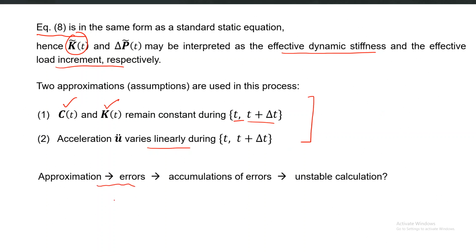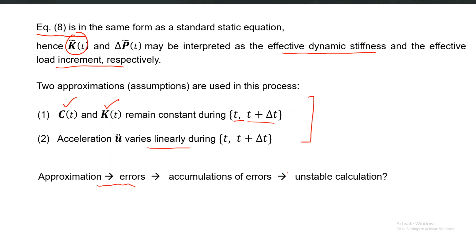And since we have to perform these calculations maybe hundreds or thousands of times to calculate the complete u vector for all the time increments, these errors can accumulate with the repeated calculations. If they accumulate enough, they can sometimes result in an unstable solution, and sometimes the solution can just drift away from the actual, accurate solution with each cycle of calculations.